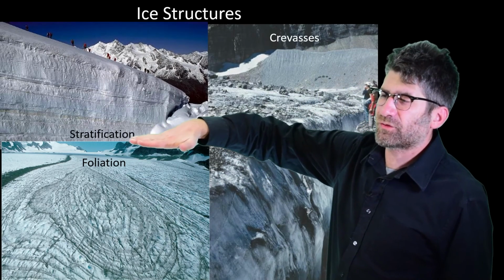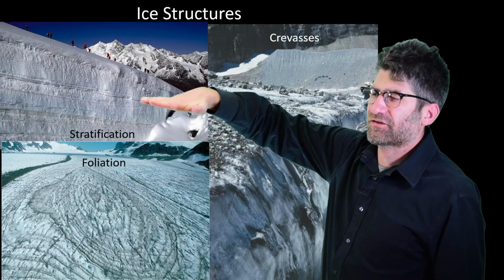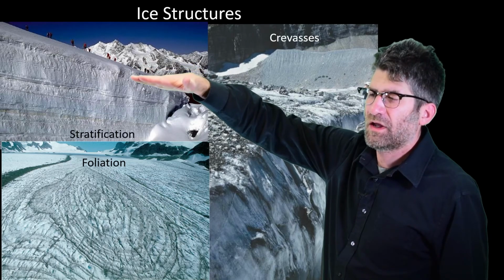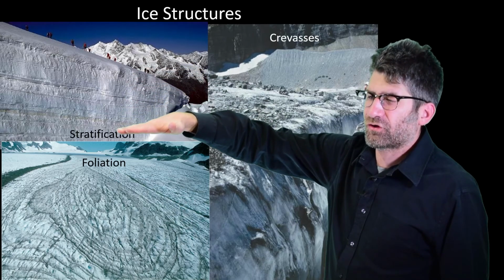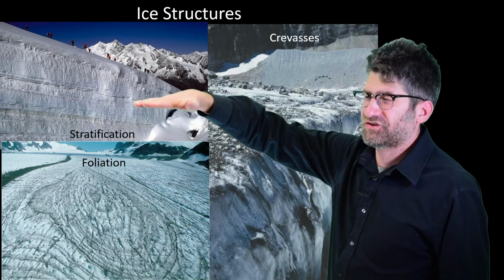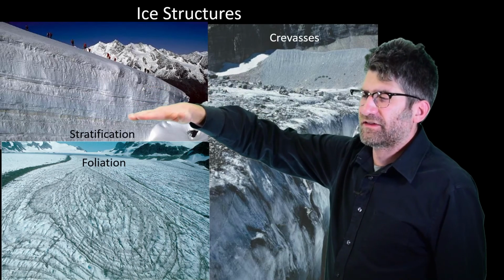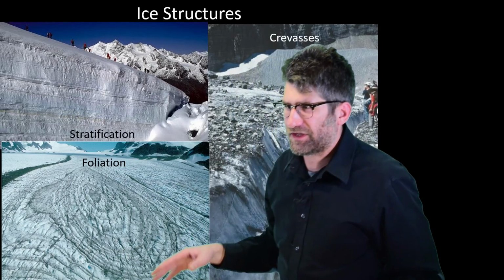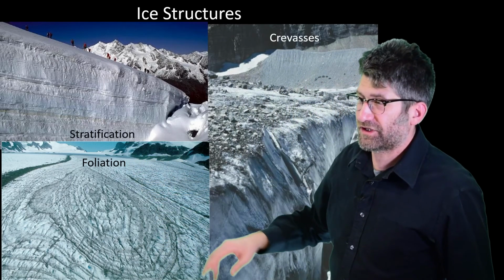Okay, let's look at a couple of ice structures when we're looking at our ice as well. With glaciers, we see stratification, and that's from the yearly snow events. So you can track from the most recent snow to much older snow as we go down. So that's ice stratification. As those stratified layers start to deform, we can create what are called foliations, which are deformations of layers within the glacier.